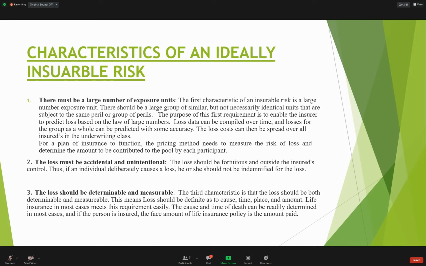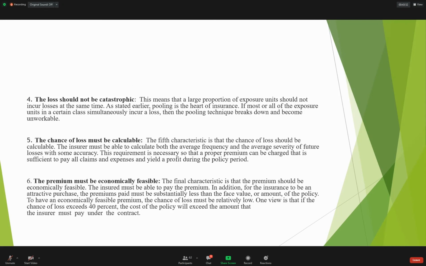The fourth one is that the loss should not be catastrophic. This means that a large number of losses should not occur at the same time. A group of policyholders cannot just come and say that there was a fire outbreak in their houses at the same time.